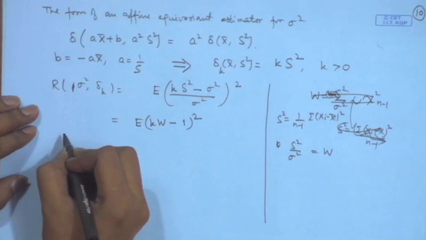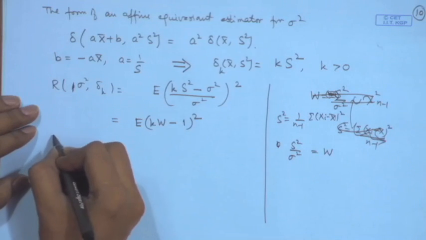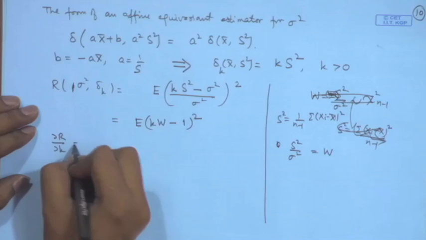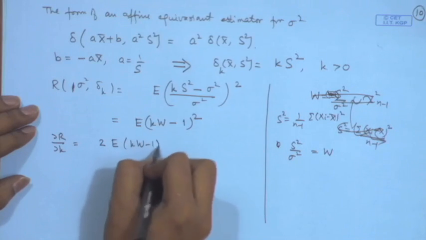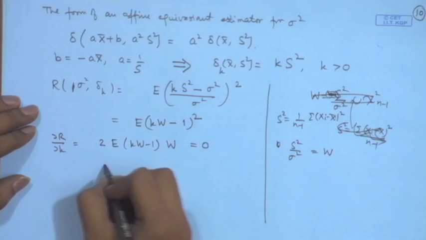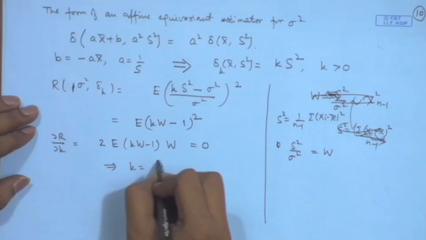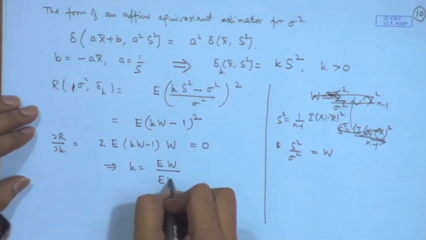So, now we can find the minimization by del R by del k, that will give twice expectation of k W minus 1 into W. This will give k times expectation of W square equal to expectation of W, that is, k is expectation of W divided by expectation of W square.